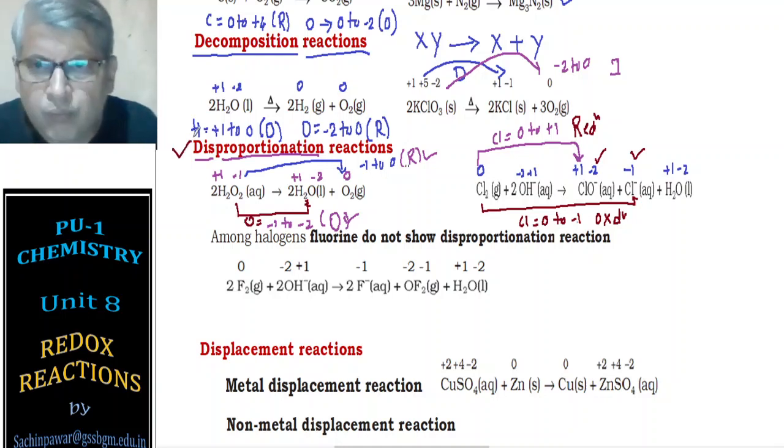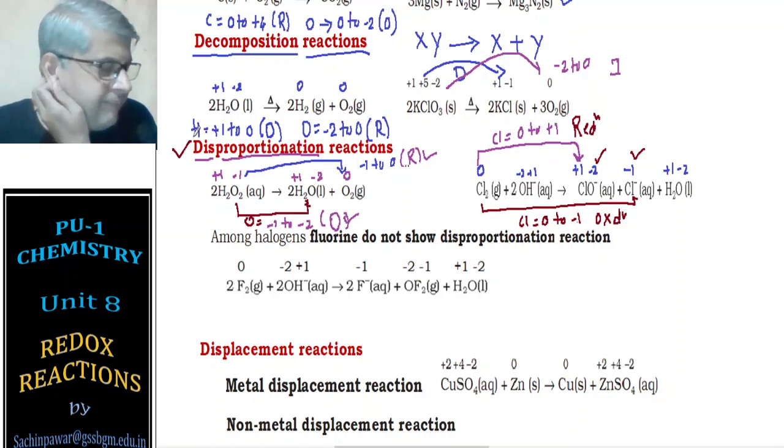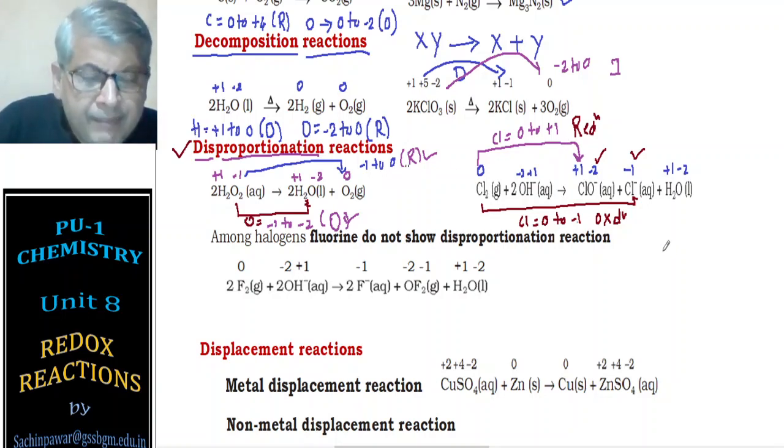So this is one example. In general, the element's oxidation number is X, and it changes to -Y and +Y plus Z, so it is decreasing and increasing.